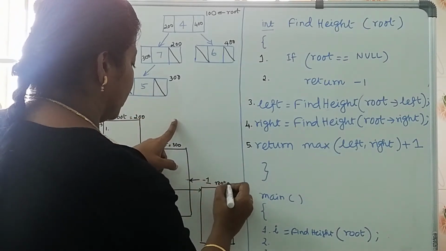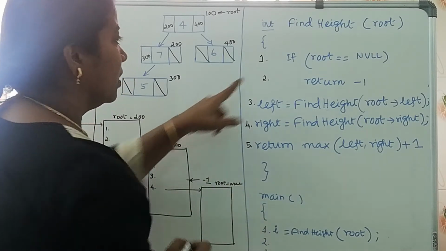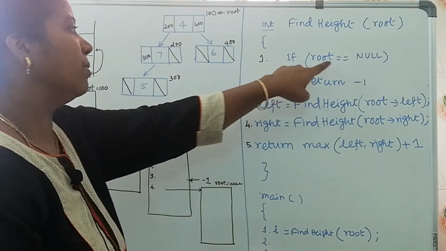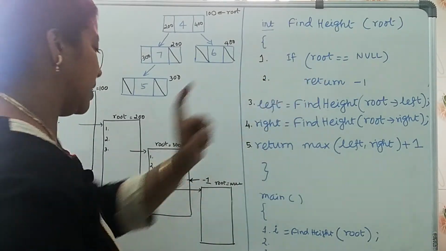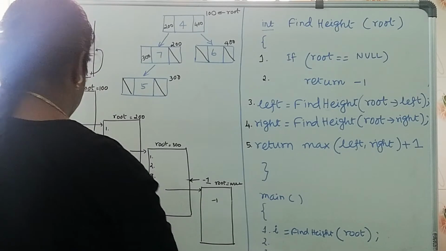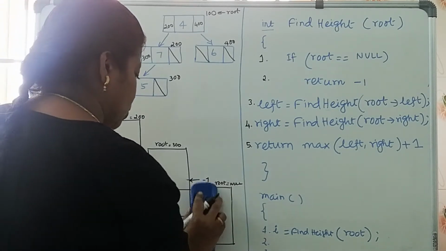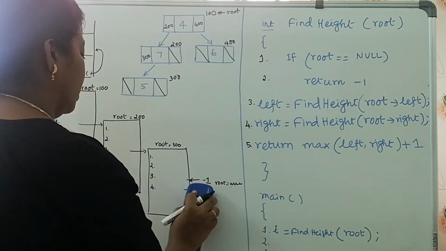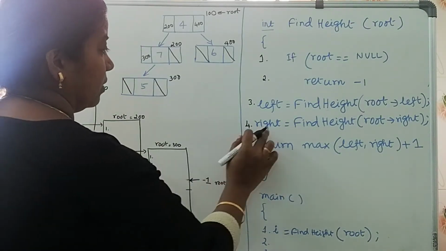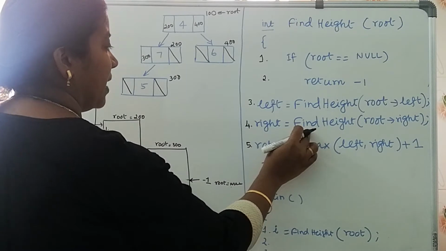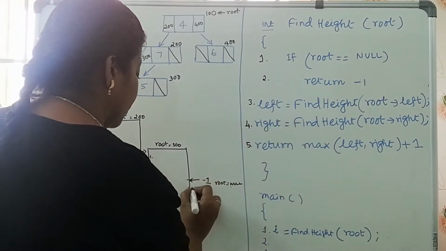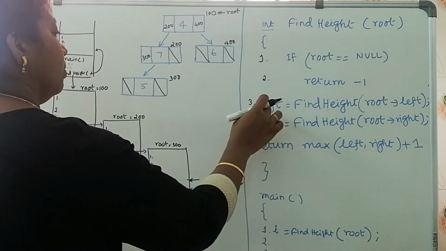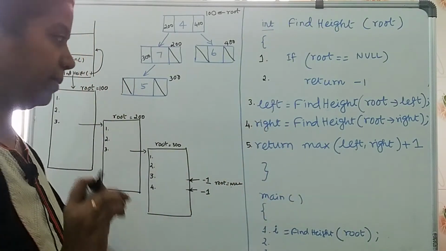So now root is having the null value. It will execute line number 1, which is true, so it returns -1 to line number 4. The value -1 is copied to the right variable. Note down, both left and right are having -1.